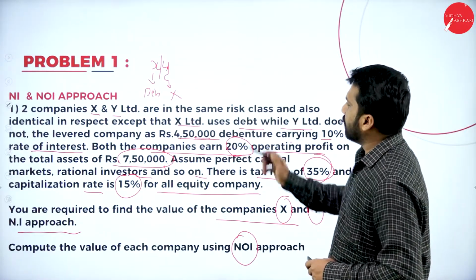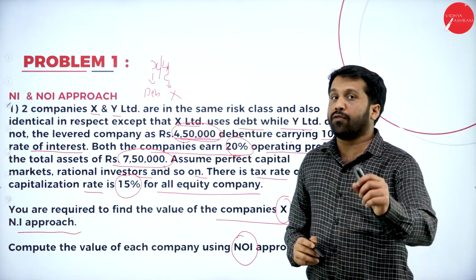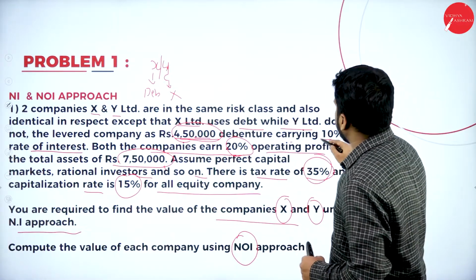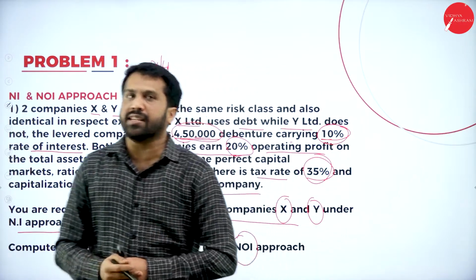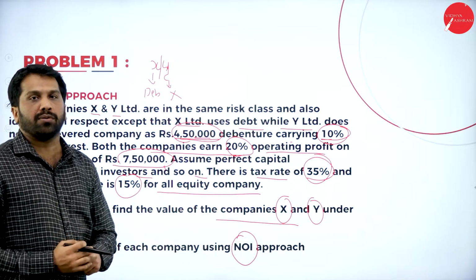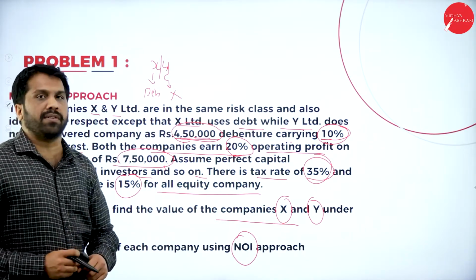Your debenture value is 4,50,000. On that, we should calculate the interest portion, 10%. 4,50,000 into 10%, it will be 45,000. Hope you are clear.